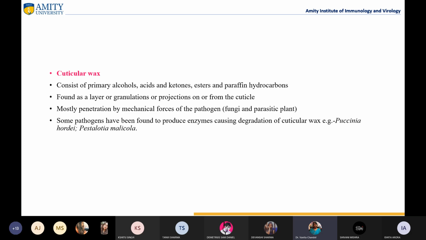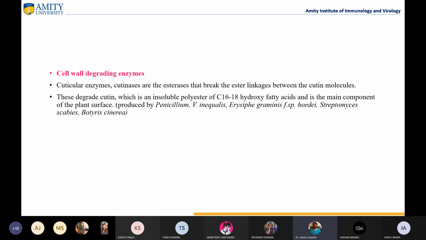So mostly it can prevent, to a certain extent, penetration by mechanical forces of the pathogen, fungi, and the parasitic plant, if it is there, right? Some pathogens are found to produce enzymes which cause degradation of this cuticular wax, for example, Erysiphe hordei and Pestalotia. So these fungal pathogens produce certain enzymes which can degrade the cuticular wax so that they can get entry into the plants, right? Then we have cell wall degrading enzymes also, right?